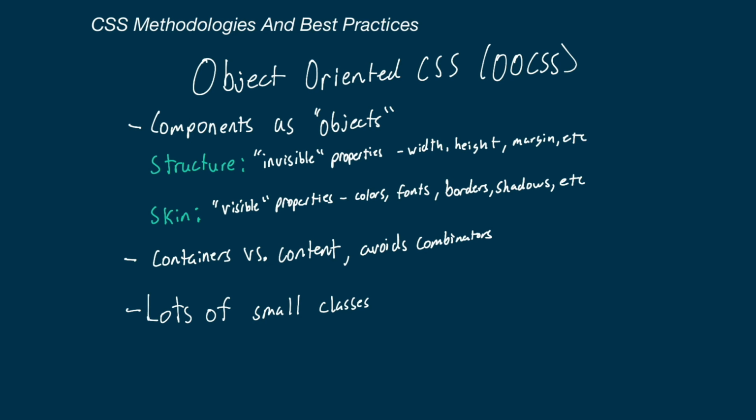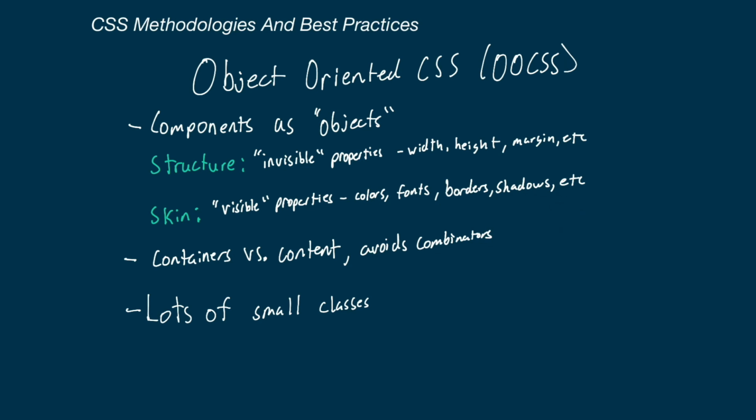Up next, we have Object-Oriented CSS, or OOCSS. This is based on the concept of object-oriented programming, and it is trying to apply that to CSS. To do so, we treat UI components as objects. Then we divide styles into two categories, structure and skin. Structure properties are the invisible properties such as width, height, and margin, while skin properties are visible, such as colors, fonts, borders, and shadows.